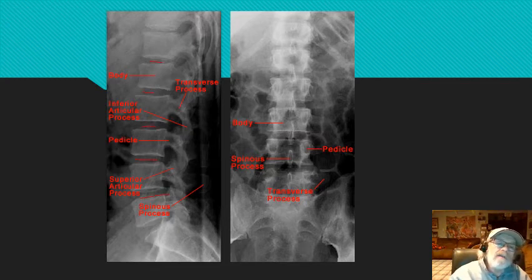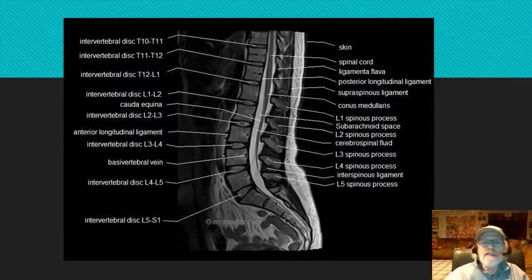This is a lateral view on a sagittal plane on this side. This is a frontal plane view in here. You can see the little bodies of the vertebrae. This is an MRI. This is posterior and this is anterior. Here's L5, L4, L3, L2, L1.